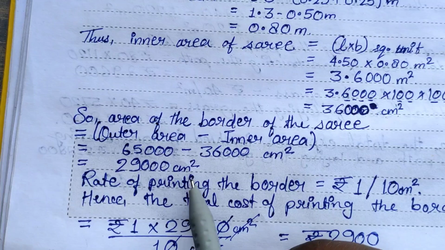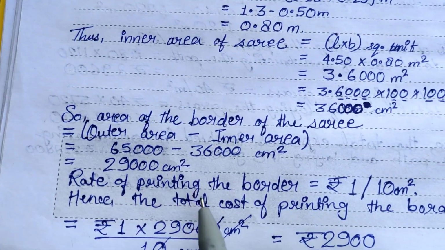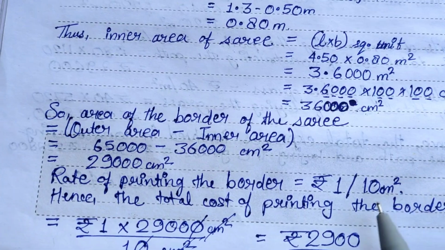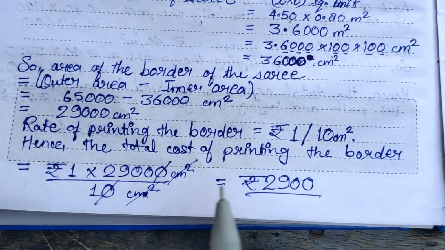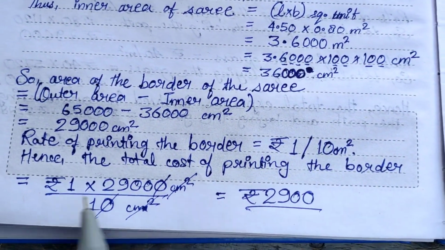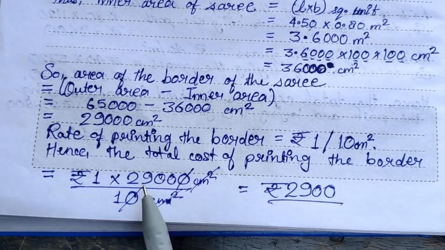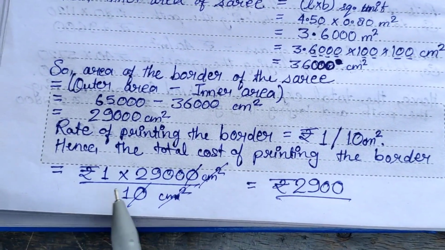Now we have the area and we have the rate of printing the border, rupees 1 per 10 centimeter square. Hence the total cost of printing the border is rate multiplied with area.